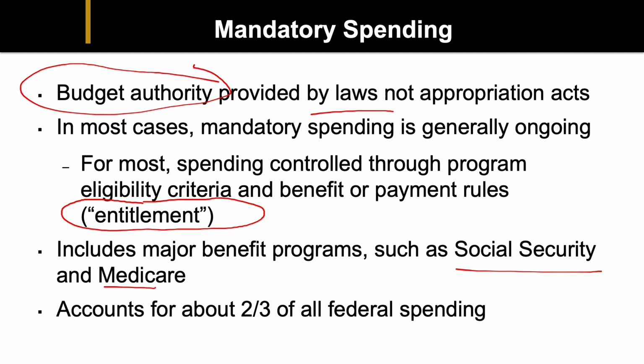And rather importantly now, this mandatory spending is 2/3 of all federal spending. So quite a lot of federal spending, 2/3 of it, is now on automatic. It's been set up in law. It's not even debated much necessarily year after year.